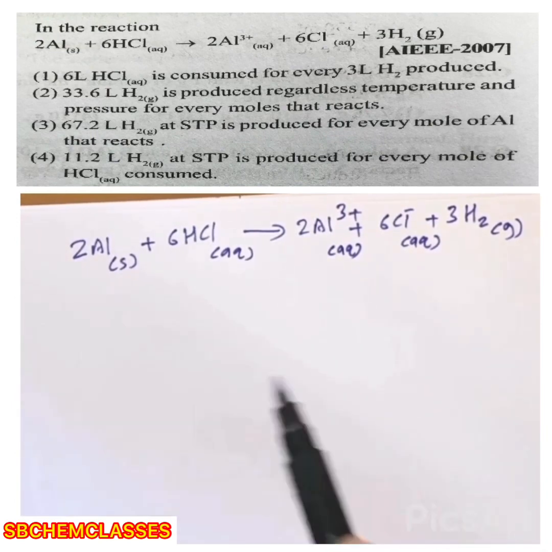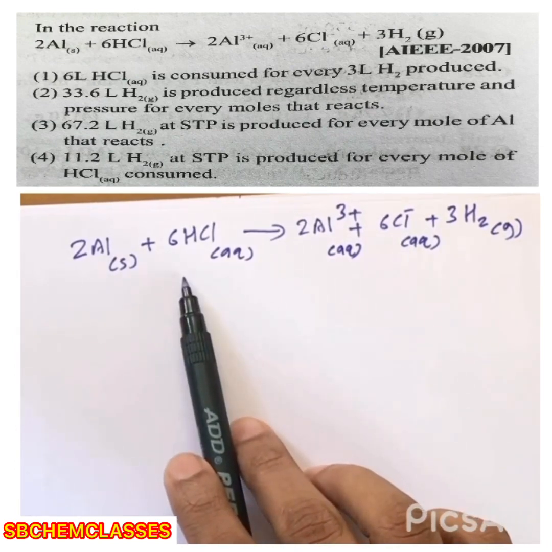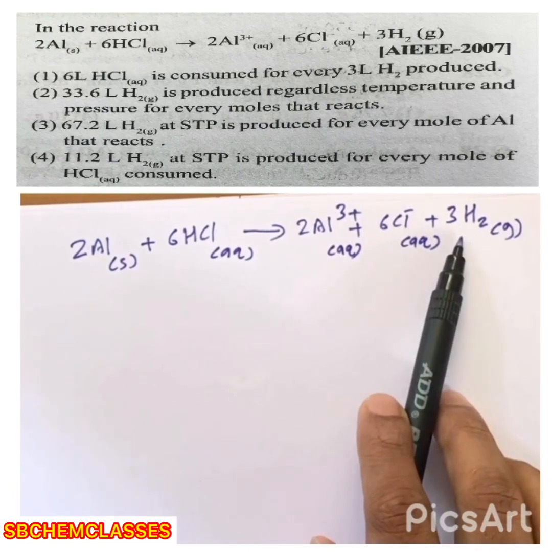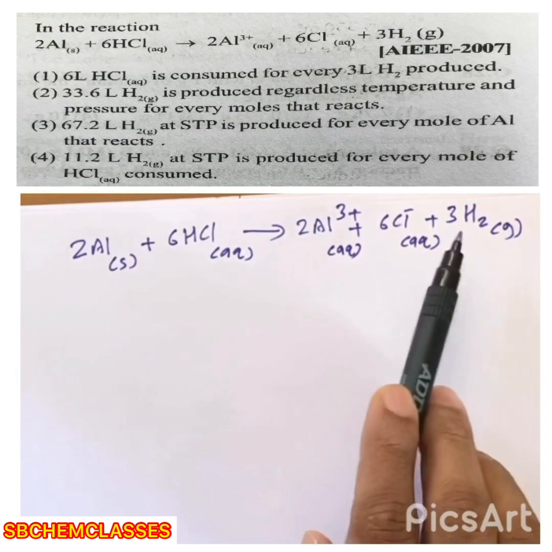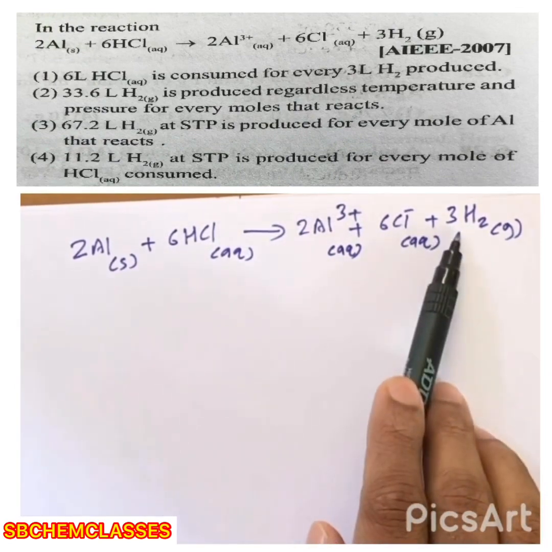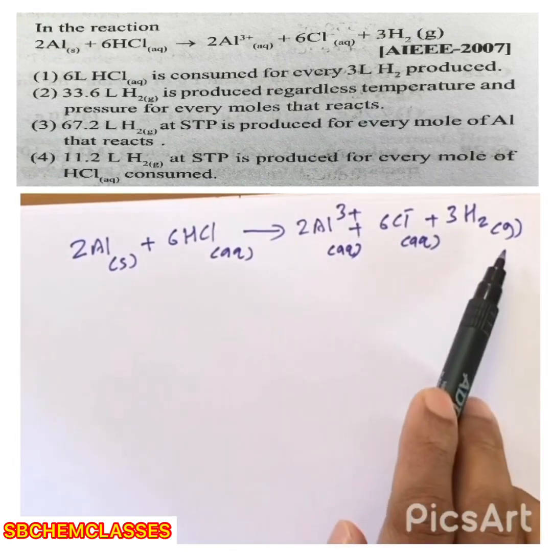Option 1 says that 6 liter HCl is consumed for every 3 liter H2 gas formed. Actually, HCl has 6 mole, H2 has 3 mole. So their mole ratio is 6:3. But the same ratio cannot be applied for their volume because one is aqueous, another is gas.